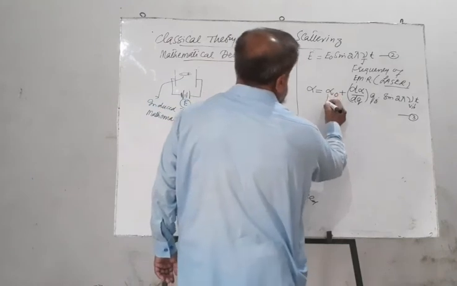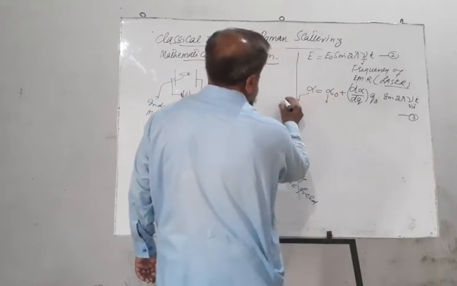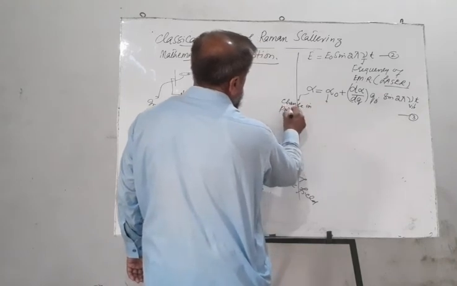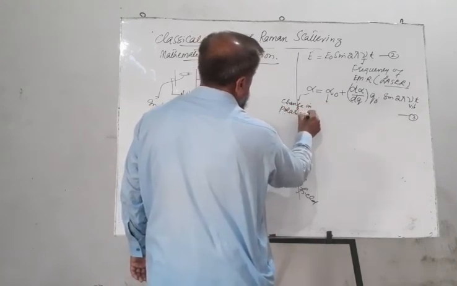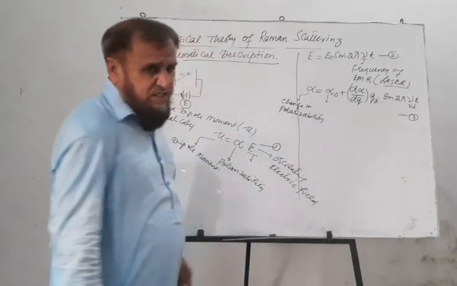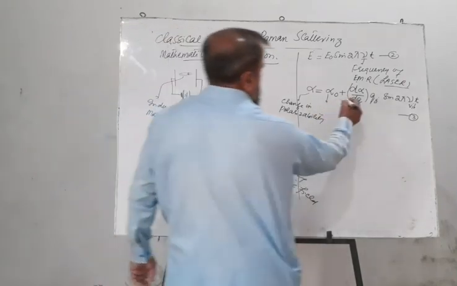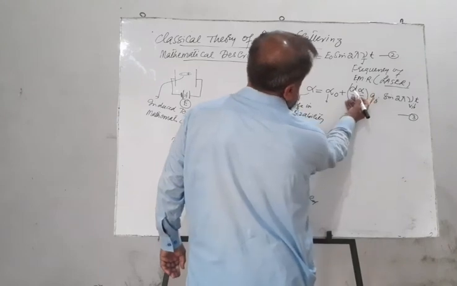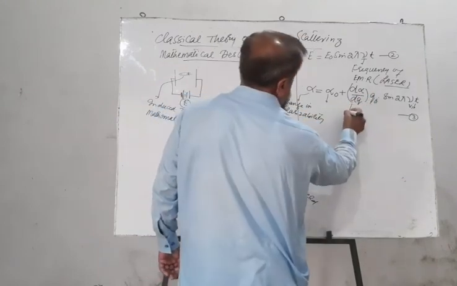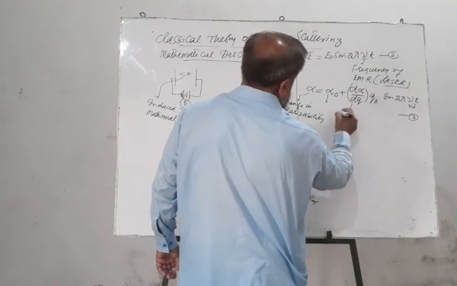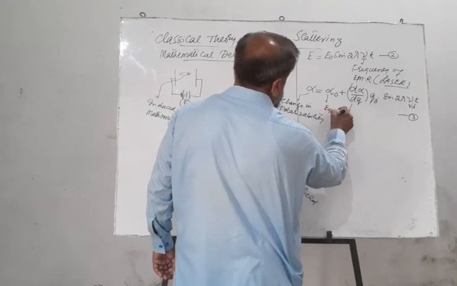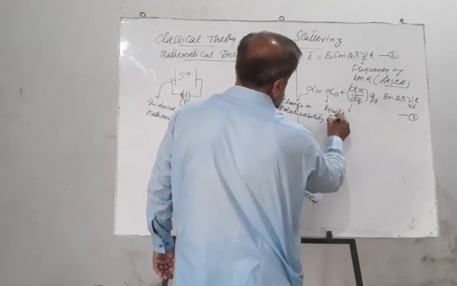where alpha is the change in polarizability which is caused by the oscillating electric field, or which is caused due to vibration. d alpha by dq is the rate of change of polarizability with vibration. Alpha naught is the equilibrium polarizability.